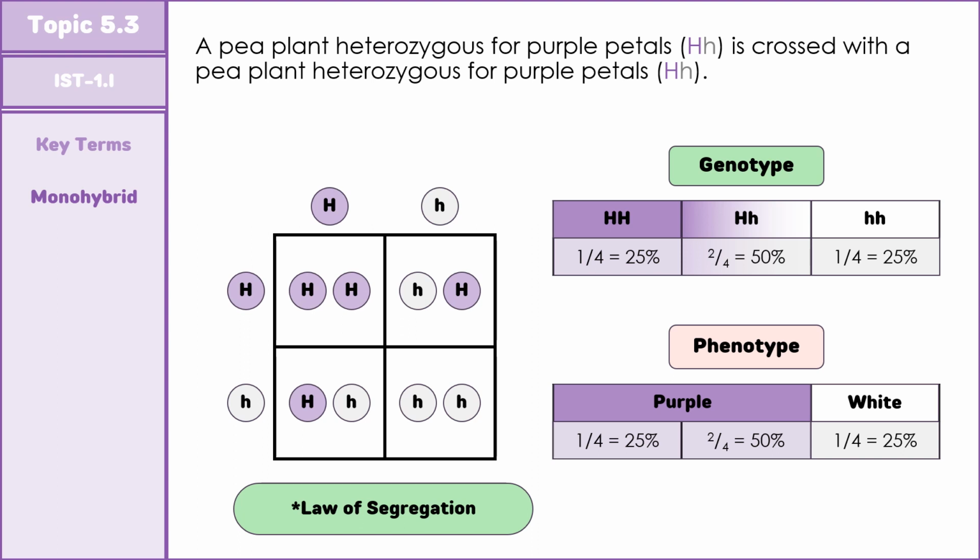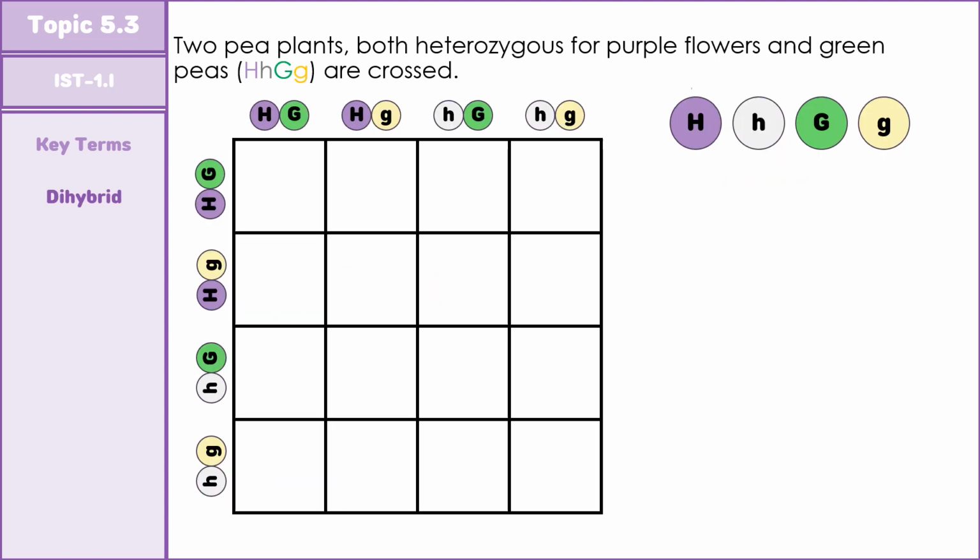Now, monohybrid crosses tend not to give too much trouble. They're pretty straightforward, and once you get the hang of them, they're not too bad. What gets students a little bit more confused, or what maybe worries them more, are our dihybrid crosses, because dihybrid crosses take into consideration two separate characters.